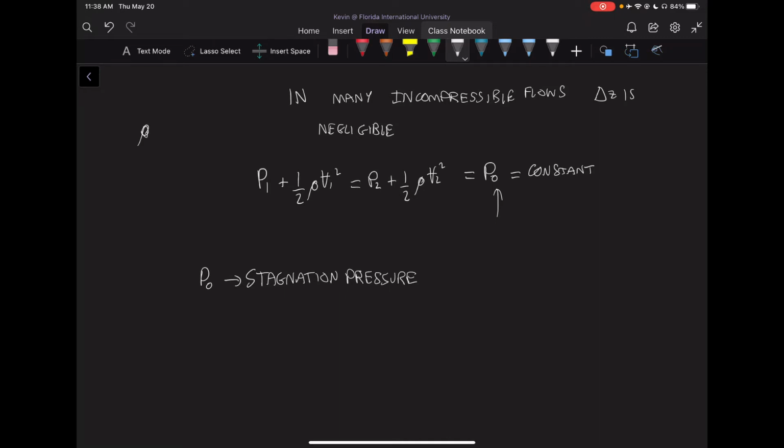And what this stagnation pressure is essentially is the pressure when velocity is 0. So when the velocity is 0, the pressure increases. The more velocity you have, the less the pressure is. And we can call this the highest pressure within a flow.